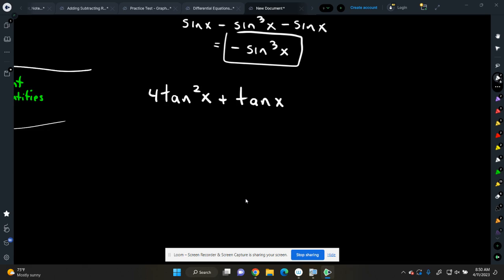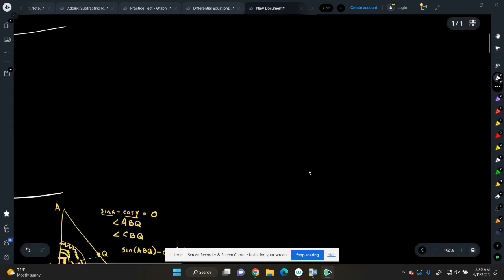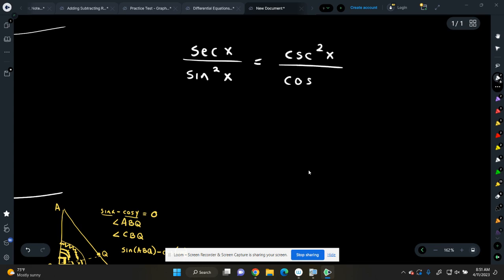Okay, let's look at this worksheet together. Okay. So what we're going to do is what we call verify our identities, all right? So if we look at that first one, we've got secant x over sine squared x equals cosecant squared x over cosine x, okay?